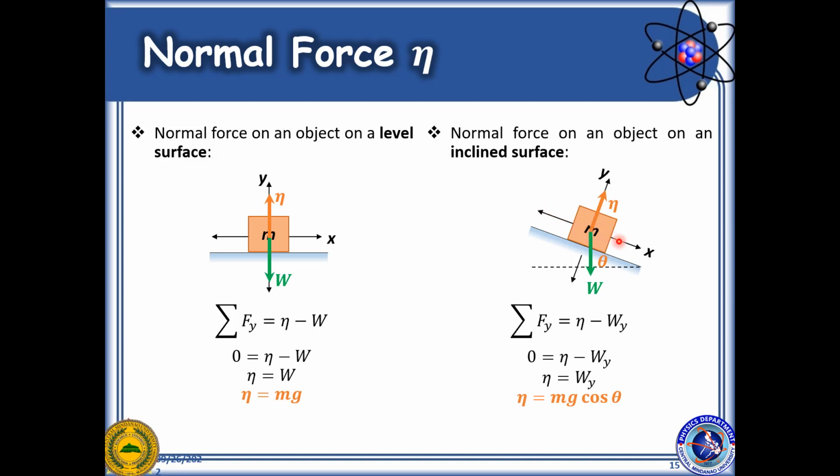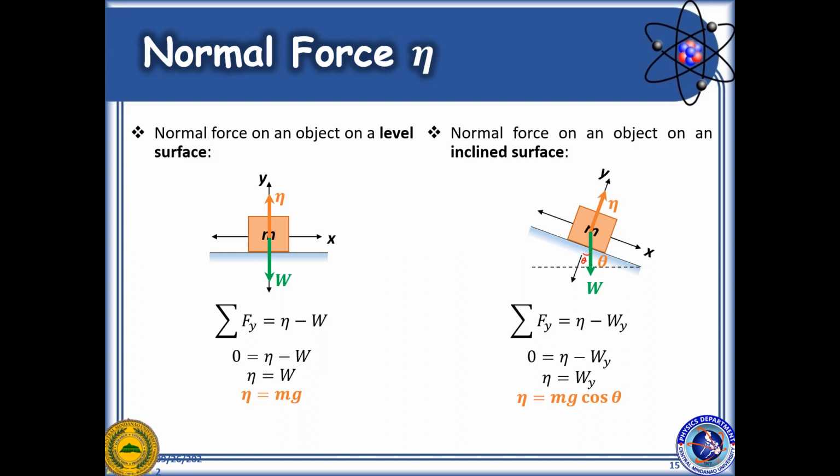This is our x-axis, and this one is our y-axis. The surface is inclined by an angle theta. Take note that if the angle of inclination is theta, then this angle here is also equal to theta. So the normal force and the weight are the forces acting on this object.